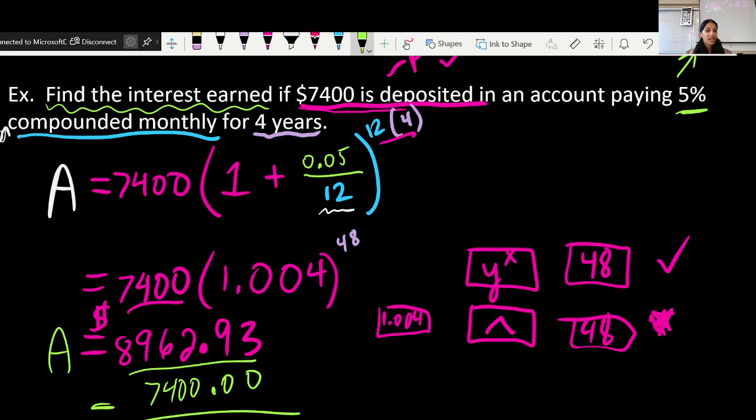So once we've calculated the total, if we subtract that out of it, it's going to leave us with the interest, which when we plug it into our calculator, we get $1,562.93 is the interest earned.